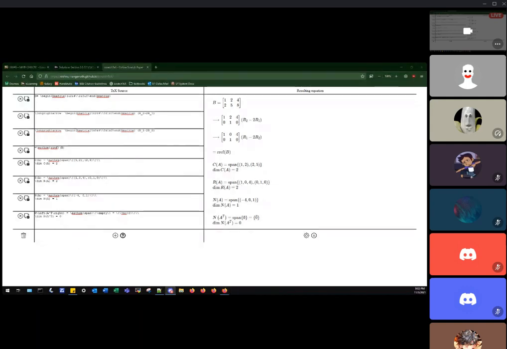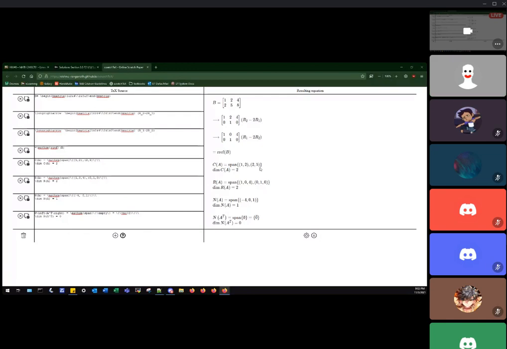So for the column space, I noticed that you use the original vectors, right? You write like 1, 2, and 2, 5. For the row space, can you also write the original, or do you only use the final? You can, because the row operations don't change the rows; they're still linear combinations of each other. You can't do it with column space because you're changing the rows, not with null space.